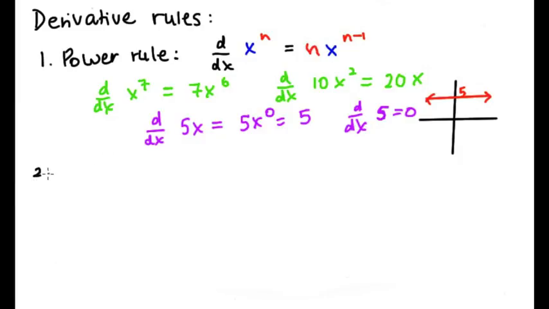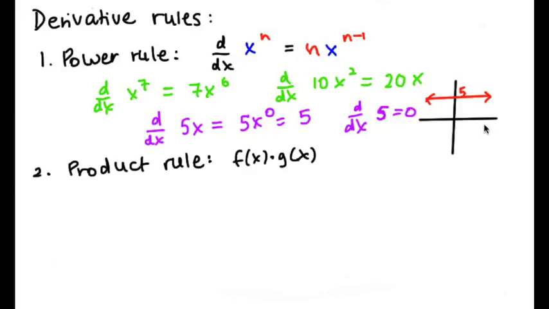Now I want to introduce you to the product rule. And the product rule is now dealing with the derivative of a first function times a second function. So we're dealing with a function f of x times a second function g of x.